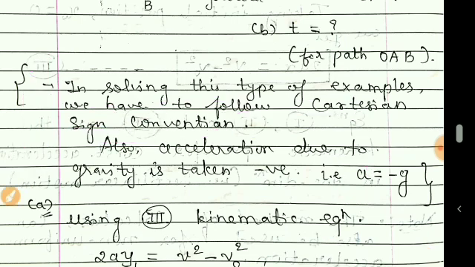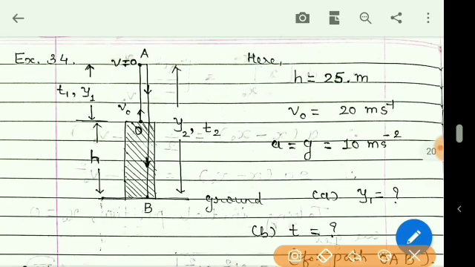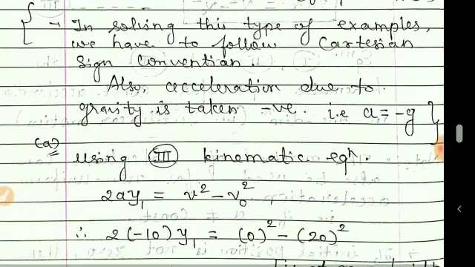Now first we need to find this distance y1. Remember students, this distance y1, that is this much. So the distance is to be obtained, acceleration is known to us, initial velocity is also given, final velocity is also given. So by using a kinematic equation we can easily find that distance y1.